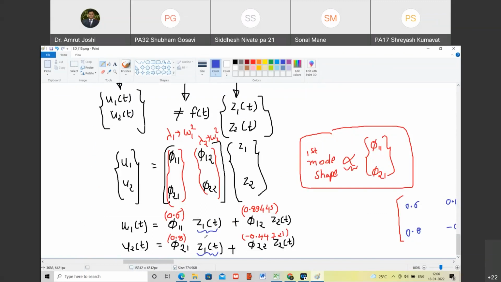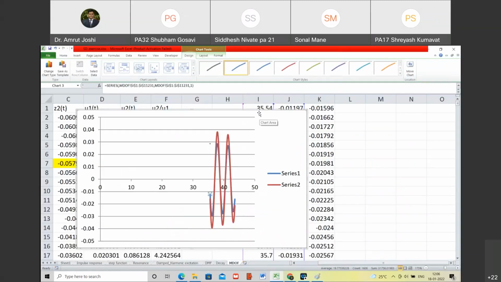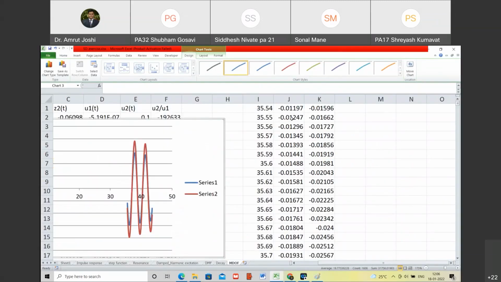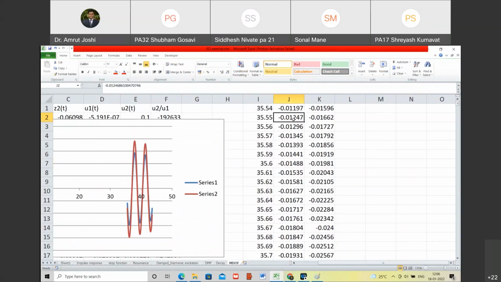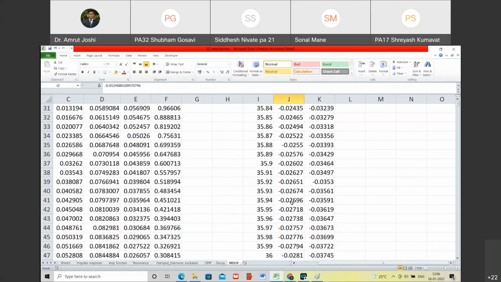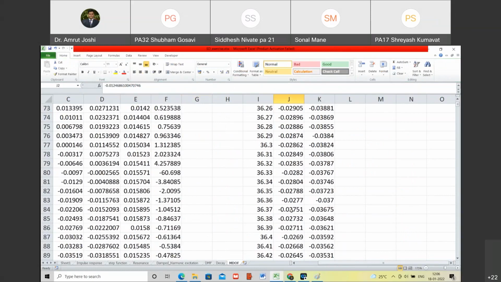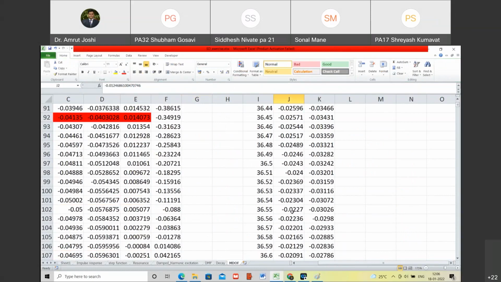Yes, sir. Let us check what is the frequency of oscillation. So this value is 0.1247. Let us try to understand when do I get this 0.1247 back the first time. So when do I get it back once again?